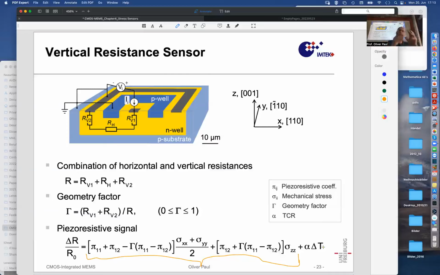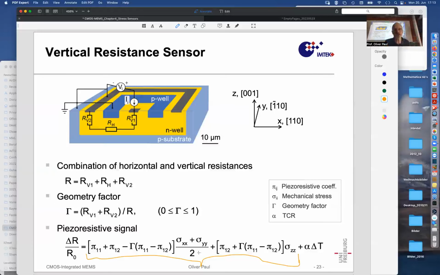That's why we hook up the structures into Wheatstone bridges so that this alpha delta T, which is the same in all the resistances, gets canceled. But because of that cancellation, we lose one piece of information. Then we only measure sigma xx minus sigma yy and no longer the individual components.